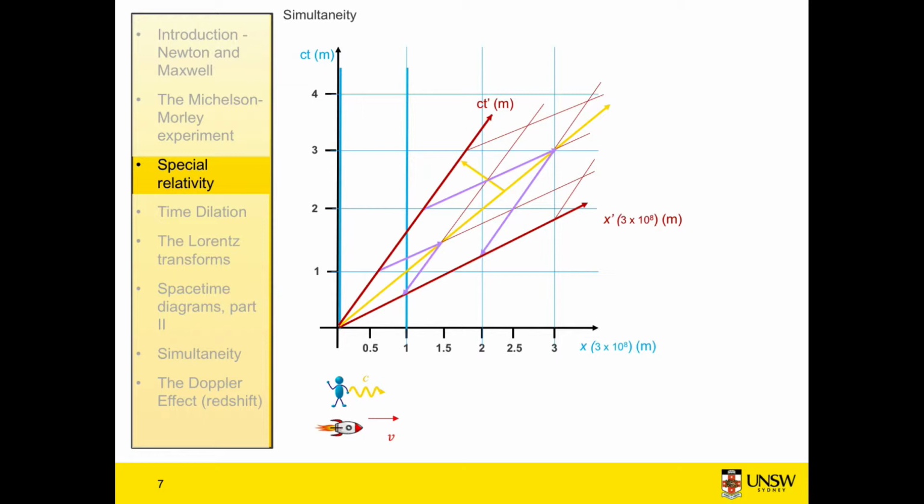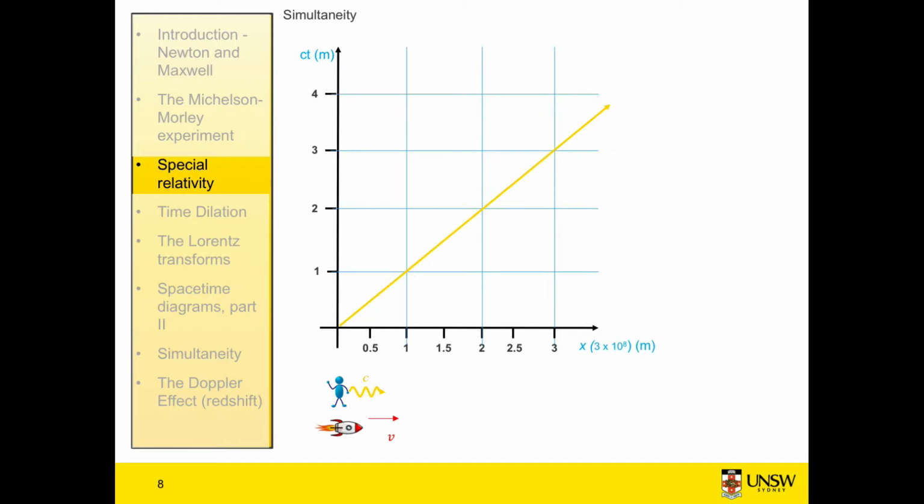So in that reference frame, the laws of physics still hold, and the speed of light is still a constant and equal to 3 times 10 to the 8 metres per second. And we can see that this axis is warped compared to our stationary observer. And that causes some interesting looking effects on the way time and distance must behave in this red reference frame compared to, or from the point of view of, the blue reference frame. But we'll look at those a little later.